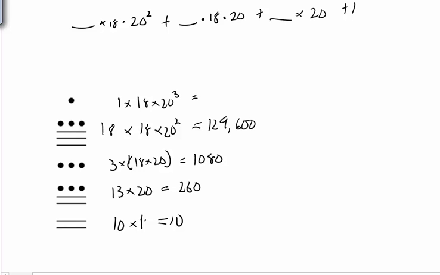So I just have to multiply that out. Okay, and then from here we just add up these numbers, and that would translate into 274,950. So this Mayan symbol would be that number for us.